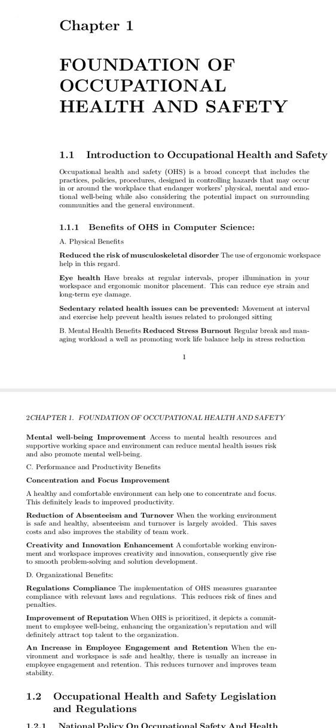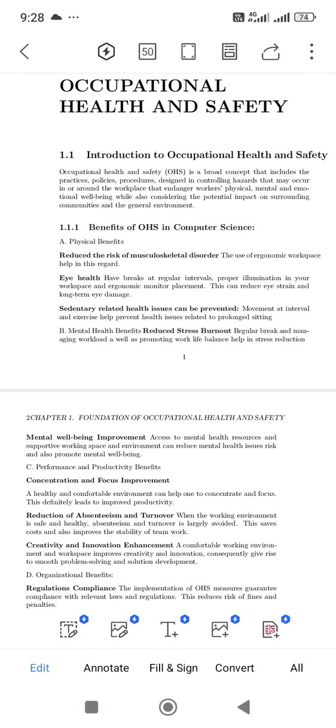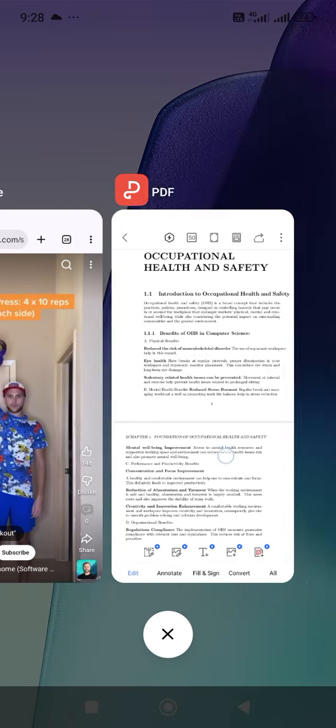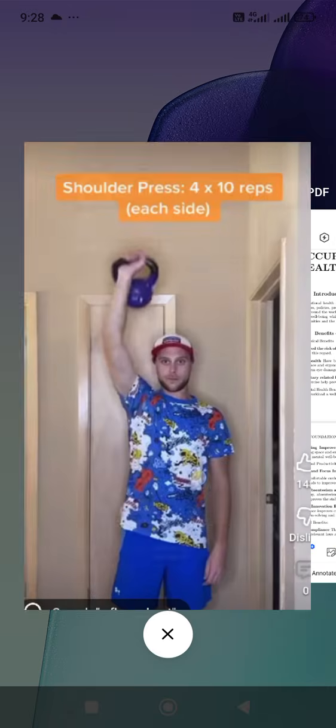So I'm going to show you a video of the proper sitting position to reduce disorder, which is one of the physical benefits of occupational health and safety in computer science. So you have to watch this video.